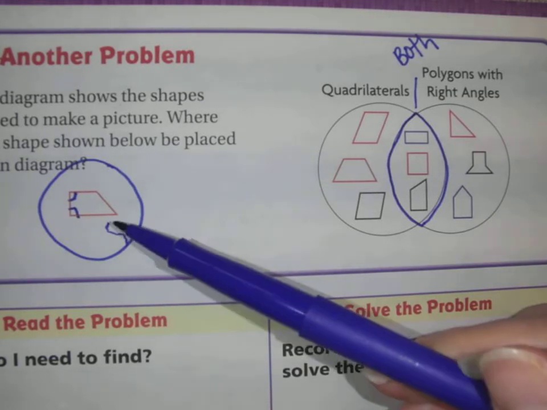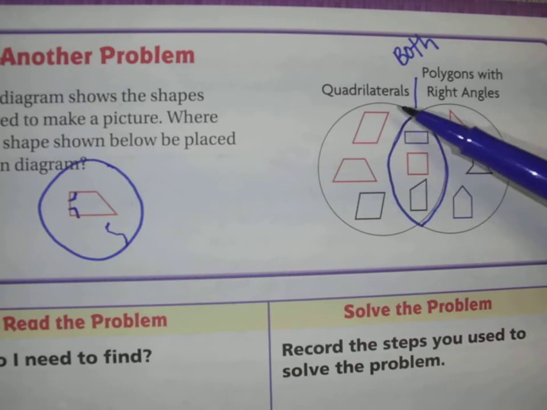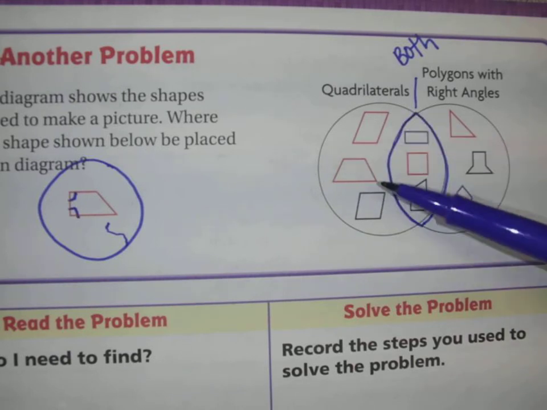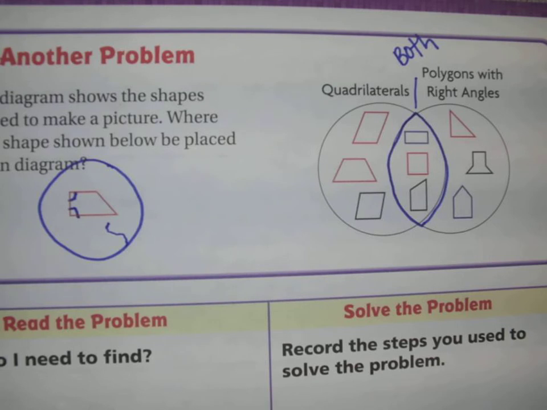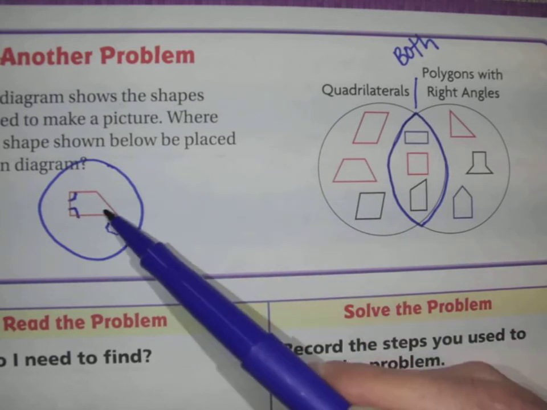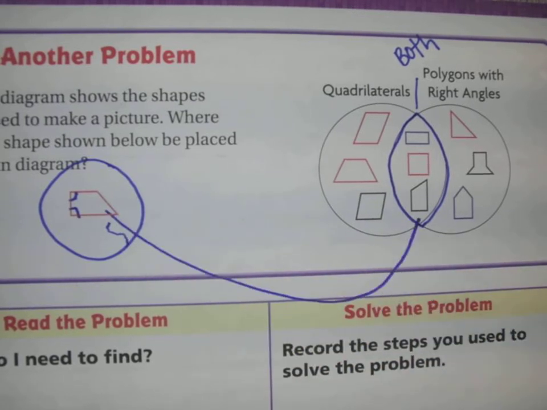Because look, we can't just put it here under quadrilaterals. These shapes only have 4 sides. If you notice, none of these 3 shapes here form right angles. Okay? Only these shapes, here and here. So this figure would be drawn in the middle because it represents both.